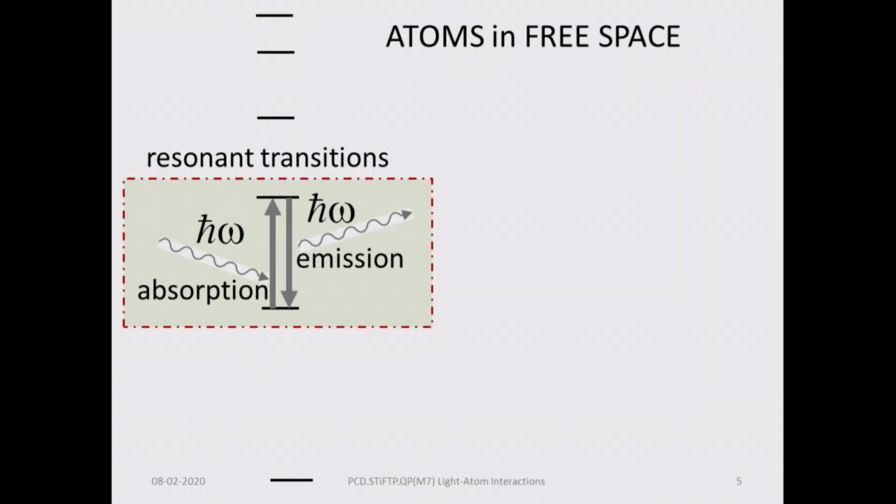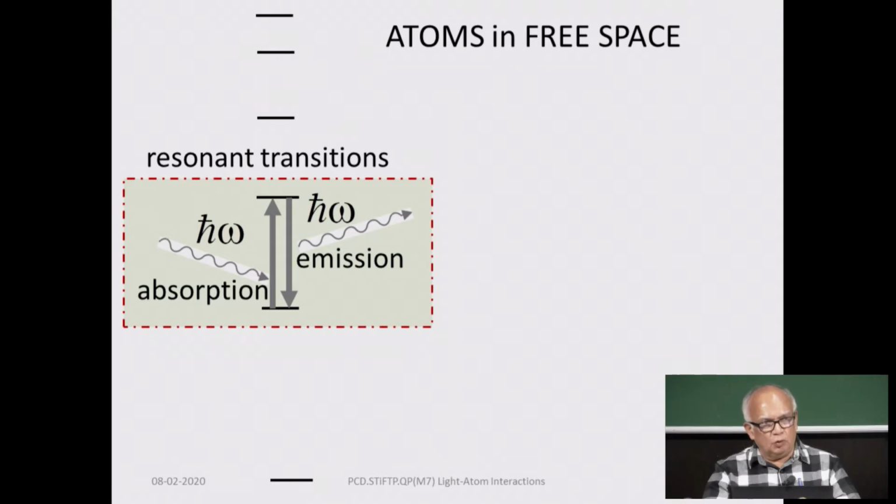So you begin with some deepest energies and then the spacing in the energies. Typically this is governed in the hydrogen atom by the Rydberg-Bohr law, which goes as 1 over n squared, all right? And then you can have resonant transitions, absorption and emission, between two levels.